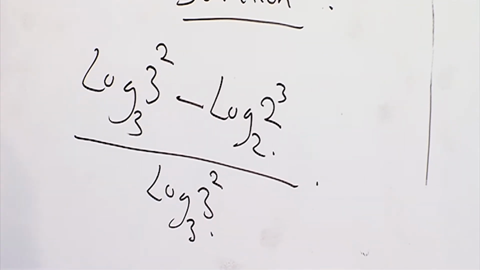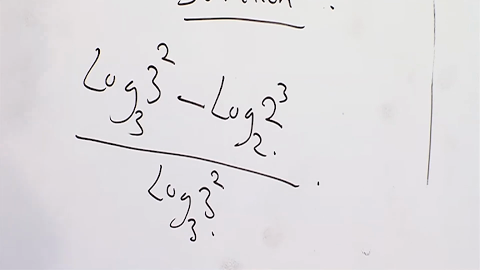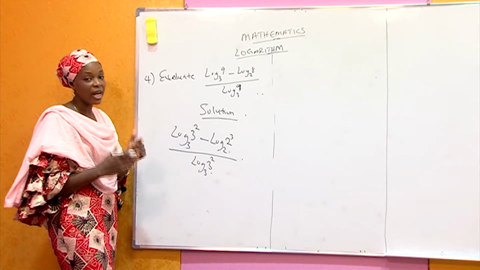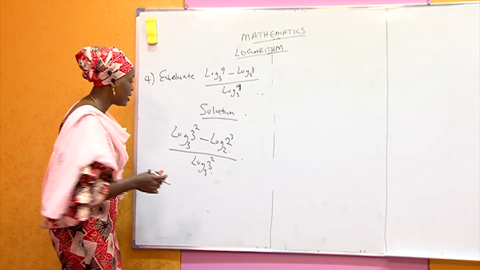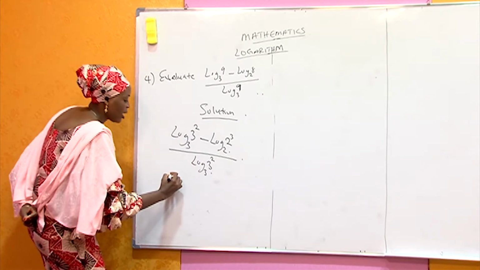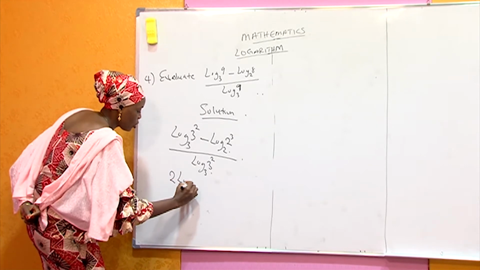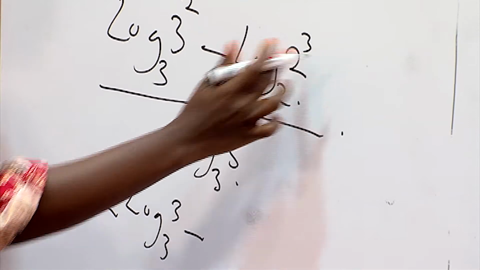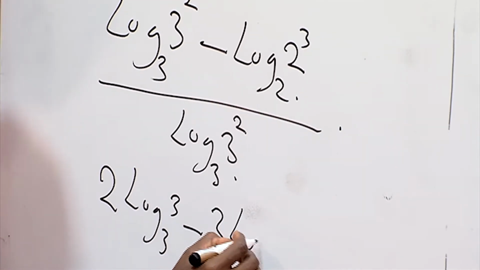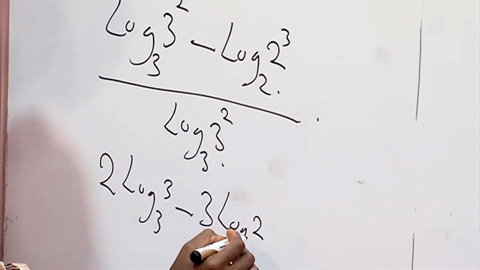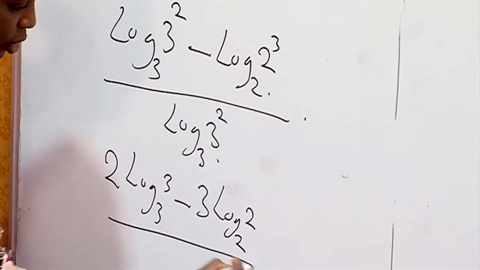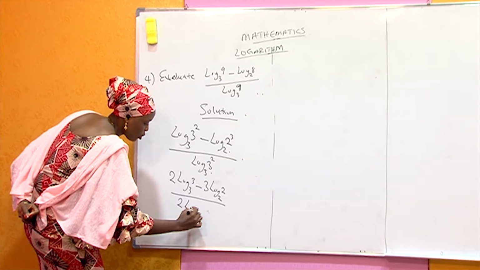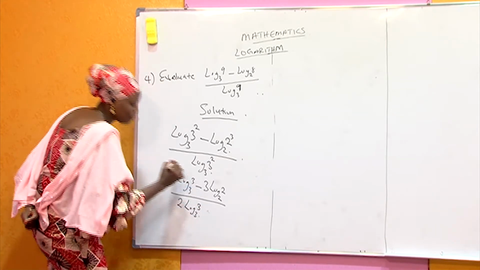So like I said, one of the rules of logarithm, the power rule, is that when you have a power, you bring it down to multiply the log. So applying that here, if I bring down this 2, I have 2 log 3 base 3 minus, bringing down this 3, 3 log 2 base 2 all over, then bringing down this 2 also, 2 log 3 base 3.